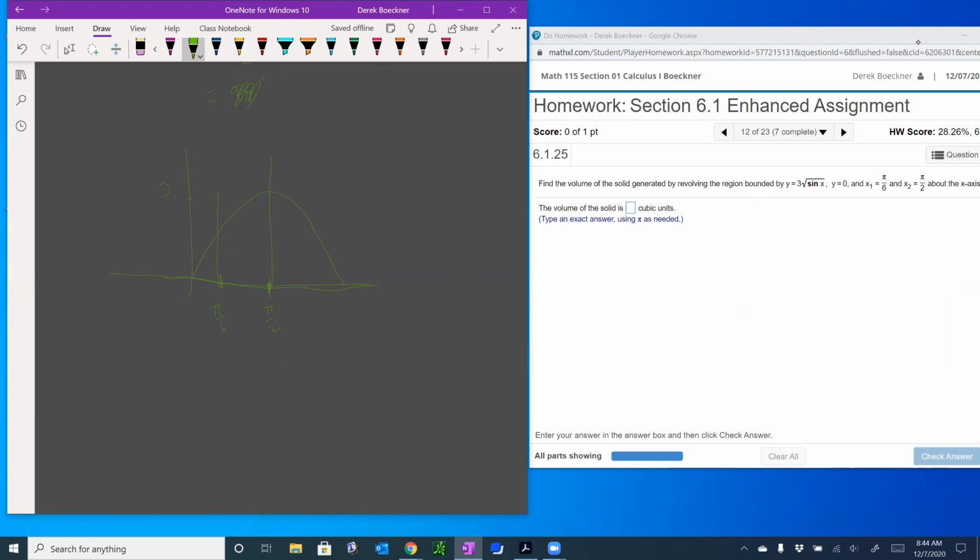And we want to find the volume of the solid generated by revolving this thing around the x-axis. So I want to take that part of the figure and revolve it around the x-axis. So I'm going to have this volume here.